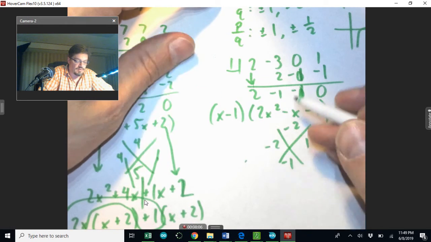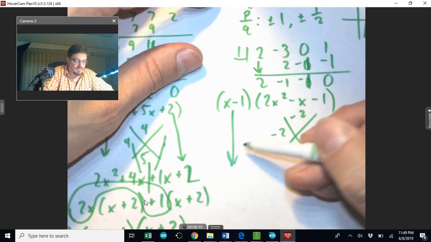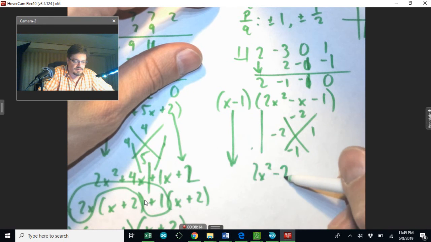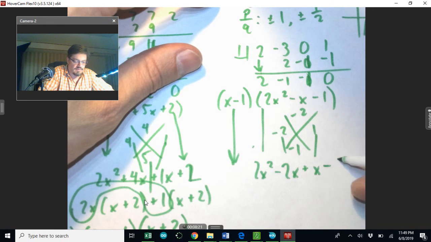So this means I bring them all down just like I did in this example here. Okay, we're going to get 2x squared minus 2x. This guy comes down, that'll be plus 1x, and then this guy is negative 1.